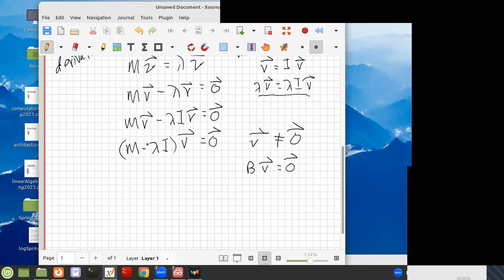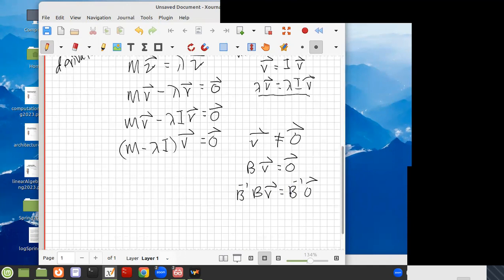So we're going to establish something about this. Well, if this is true, let's say that B was invertible, right? So if B is invertible, it has an inverse, so I can write B inverse B V equals B inverse times the 0 vector.